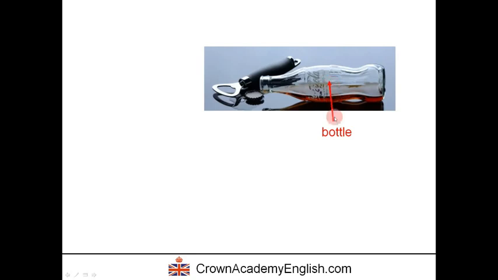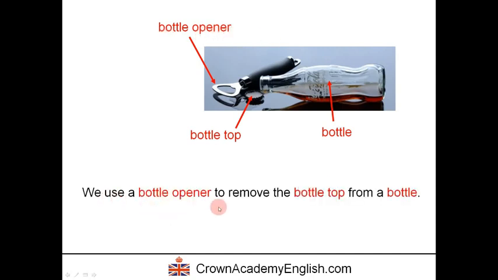So this is a bottle. This is called a bottle top. A bottle top. And this object here is called a bottle opener. A bottle opener. So we use a bottle opener to remove the bottle top from a bottle.